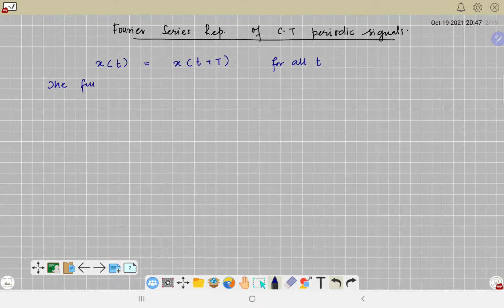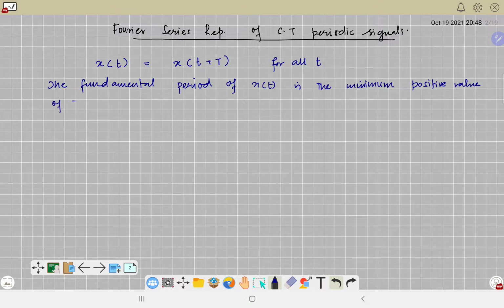The fundamental period for this signal, in this case for x of t, is the minimum positive value of T for which, let's call it equation 1, this equation is satisfied.